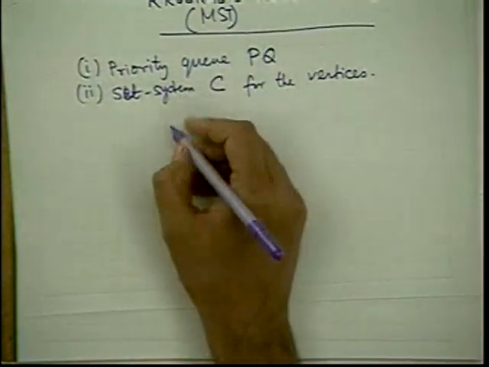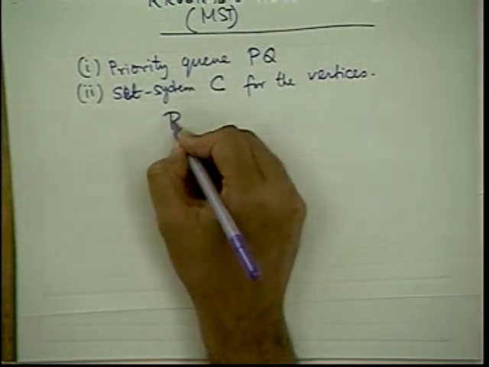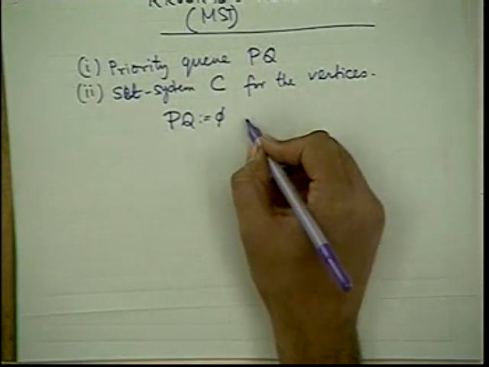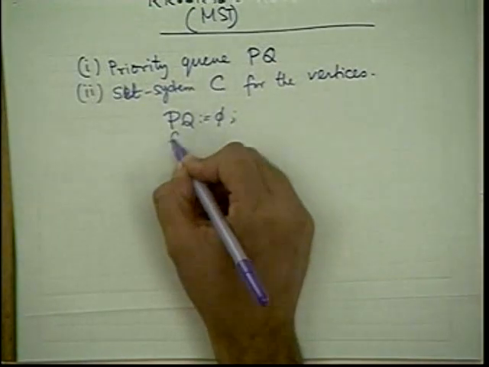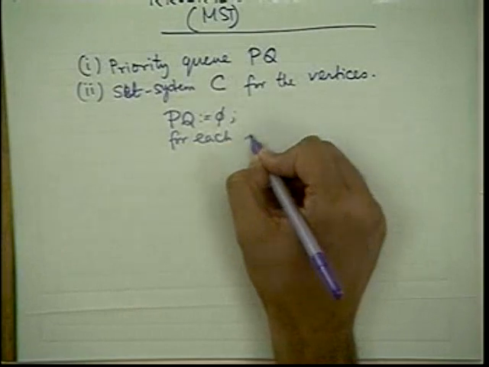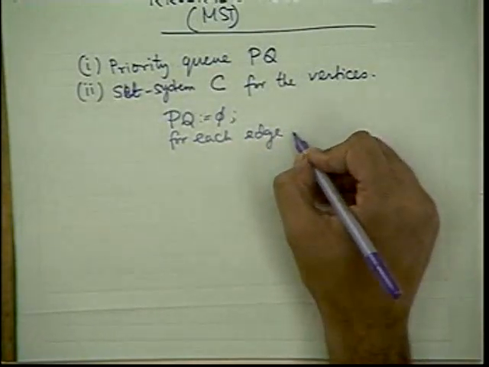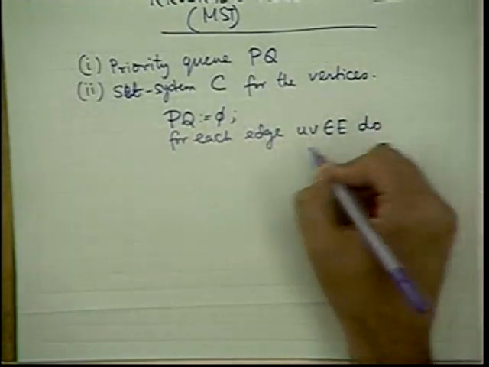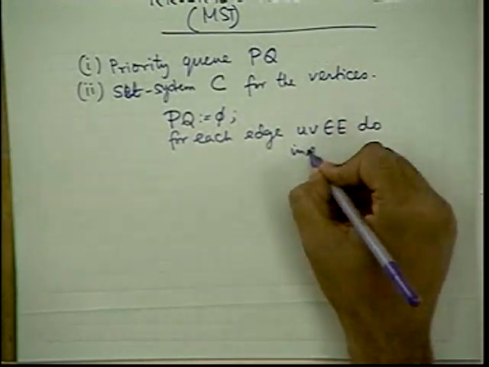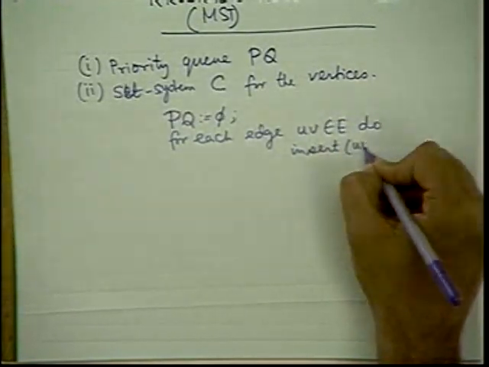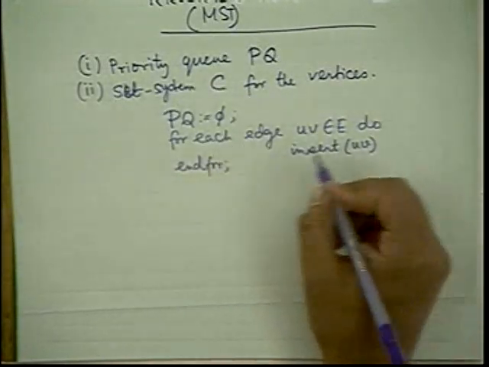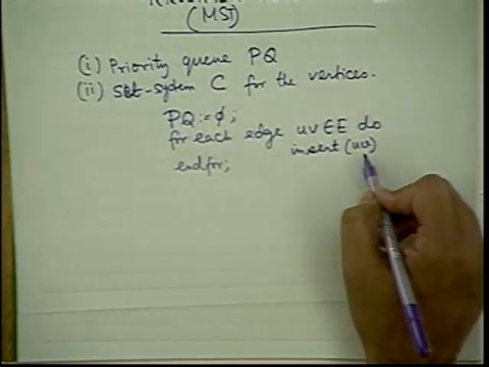Now initially, this is the initialization of the algorithm. So I'm going to write the algorithm now. PQ initially is empty. Then for each edge uv in the edge set E, do an insert operation, insert uv in the priority queue. And what is the priority of the edge uv?